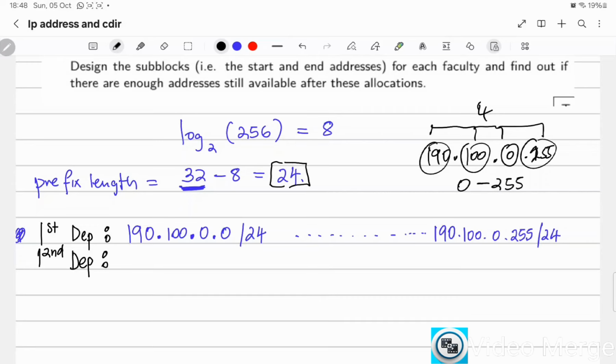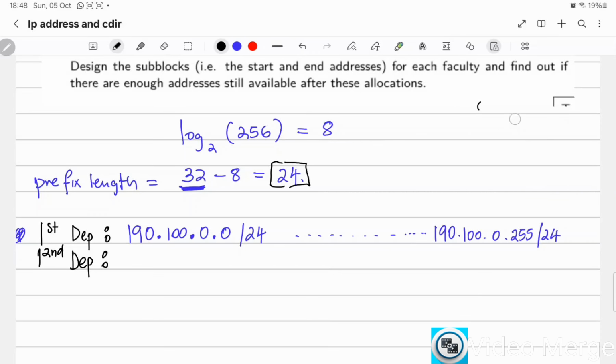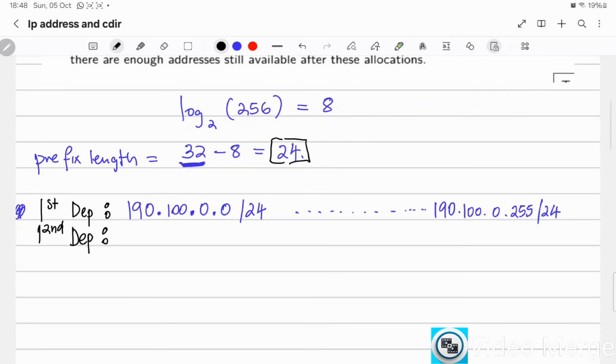It should not exceed this value. So on the second department, notice that here we have reached 255, which means we cannot go beyond that.